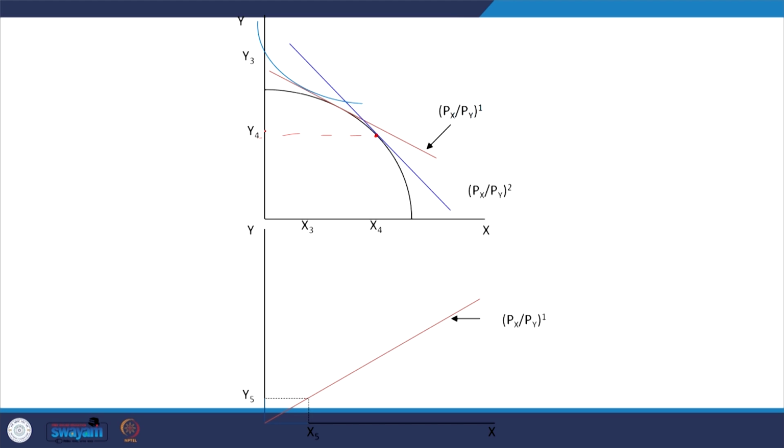Since Px by Py is now relatively higher, we will export x and in return we will get imports from the other country. So this is now Px by Py1, and the slope is lesser.